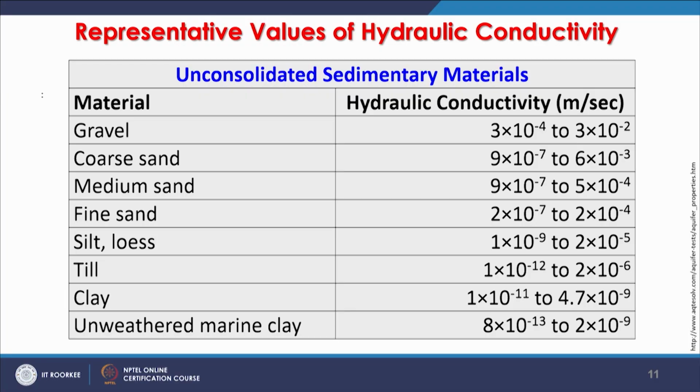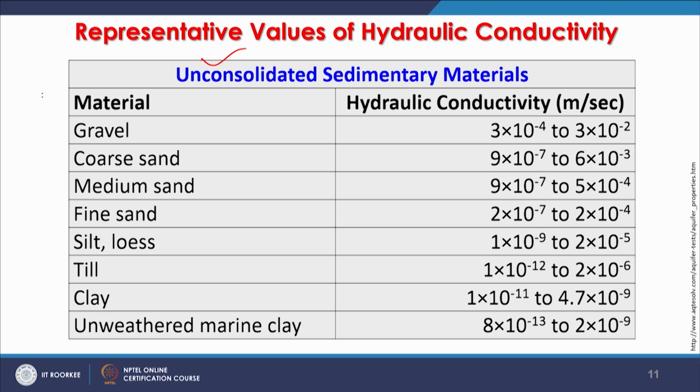Now, as we have been saying, different materials will behave differently, and permeability or hydraulic conductivity would be different in different materials. So, first we are taking the example of unconsolidated sedimentary materials. On the left side we have gravel, coarse sand, medium sand, fine sand, silt, loess, till, clay and unweathered marine clay.